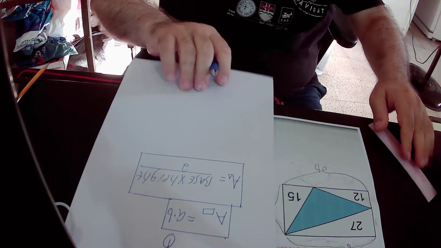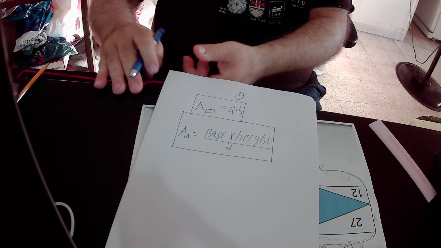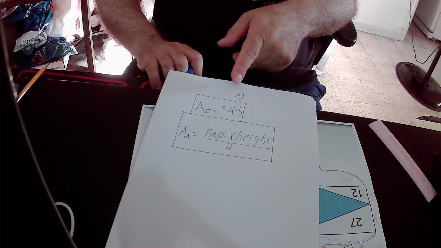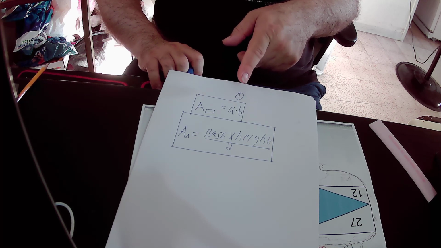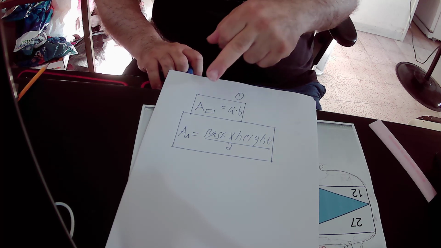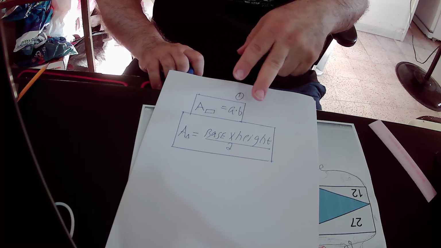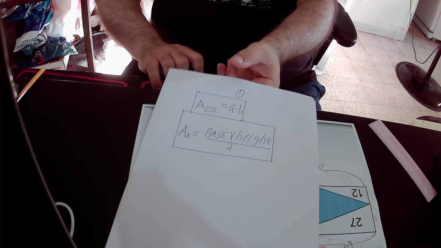Okay, so the area of a rectangle is the length of the rectangle times the width of the rectangle, and the area of a triangle is the base of the triangle times the height to that base divided by 2.